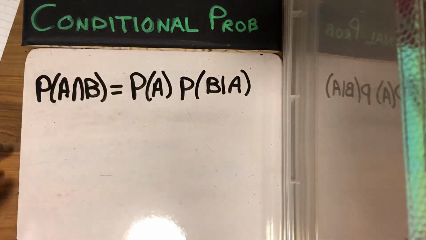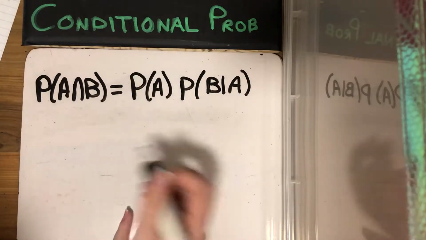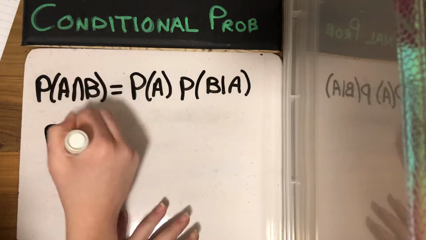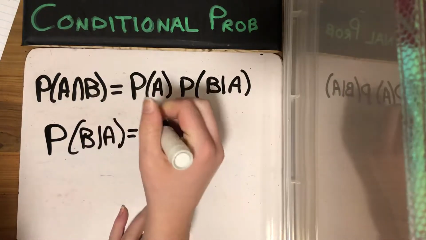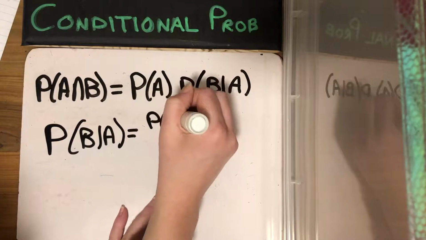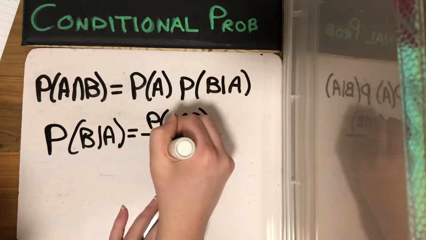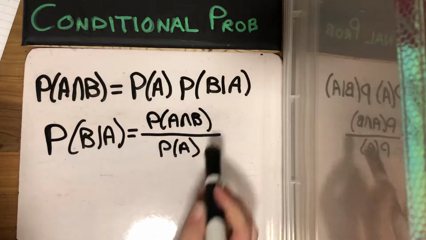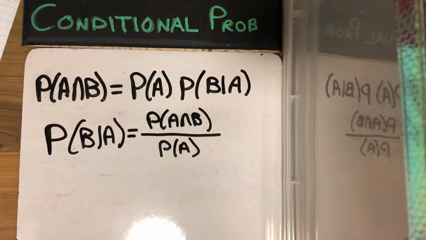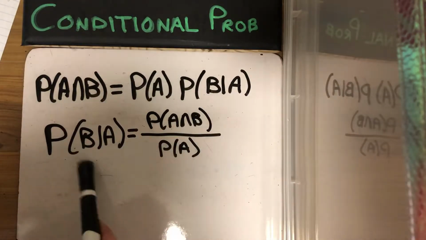You would have to switch the equation around. So then you would have probability of B given A equals probability of the intersection of A and B over probability of A. So using this one equation, you can solve for the intersection or B given A.